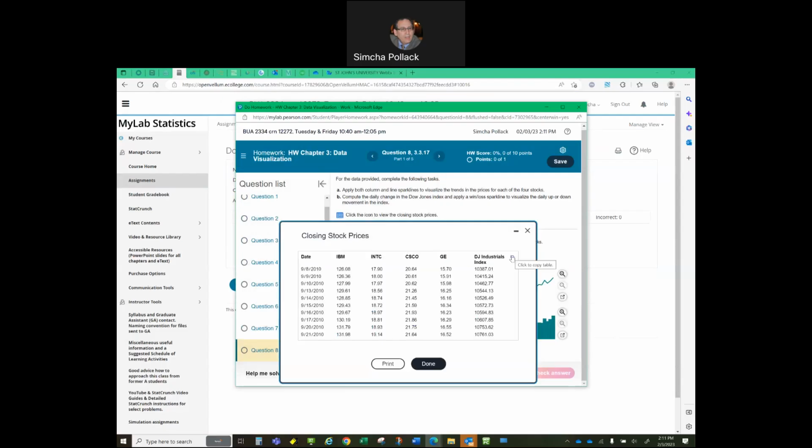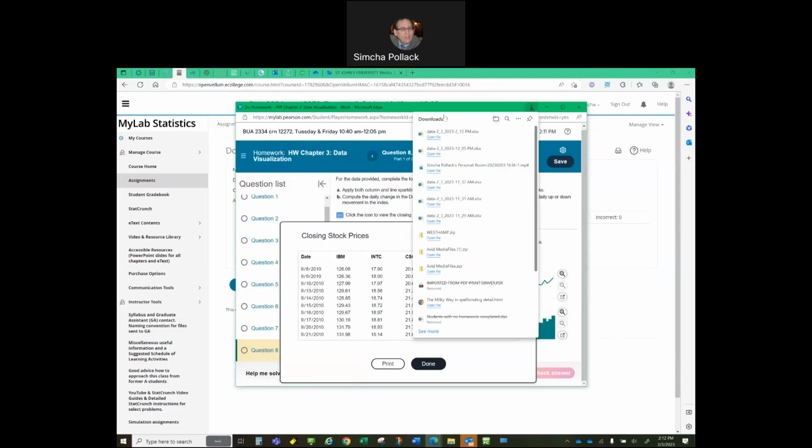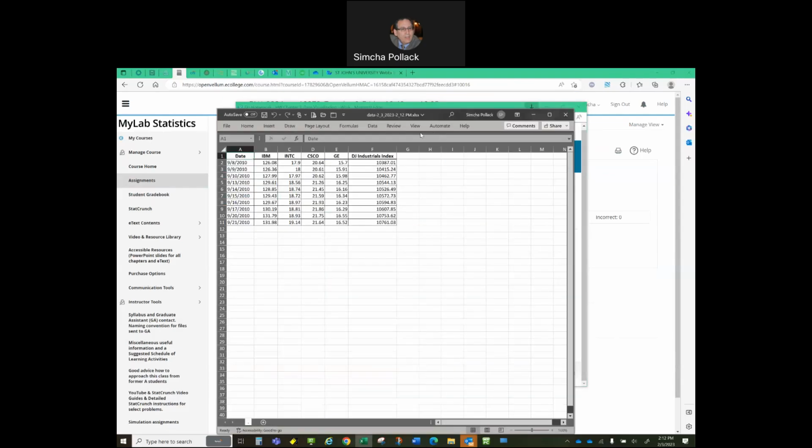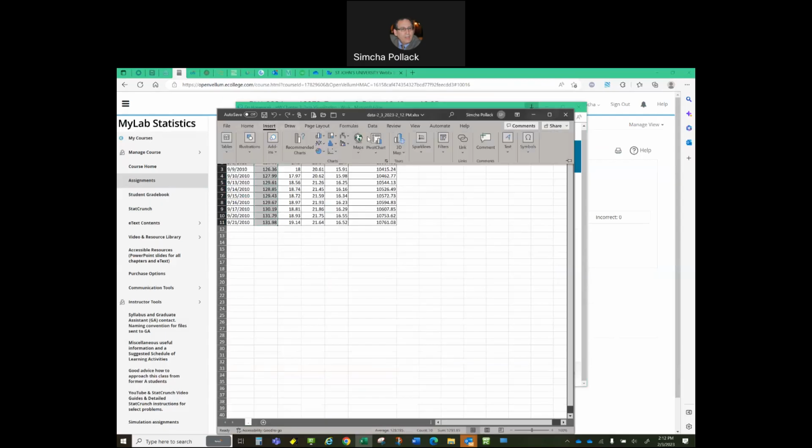So first step is to get the data into Excel, because you can't do this in StatCrunch. Open up the Excel file, and then we do insert, sparkline. Oh, I have to read the question. Let's go back to the question again.